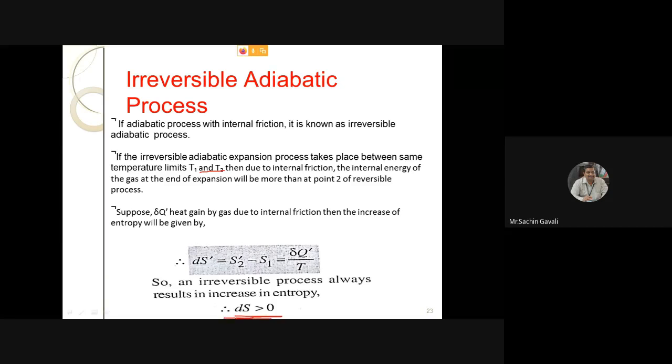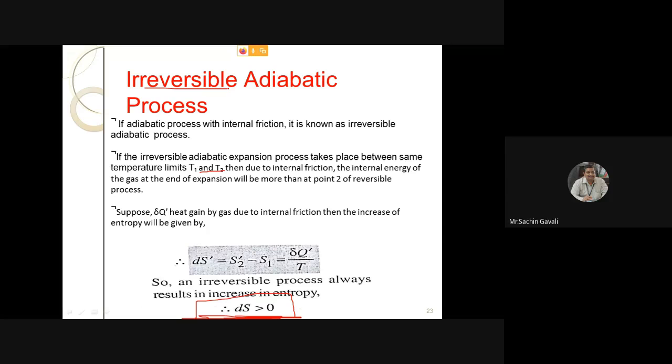Therefore, for irreversible adiabatic processes, delta S or dS is always greater than 0. Write down, for irreversible adiabatic processes, or all the processes in the universe that are irreversible, entropy change is greater than 0.